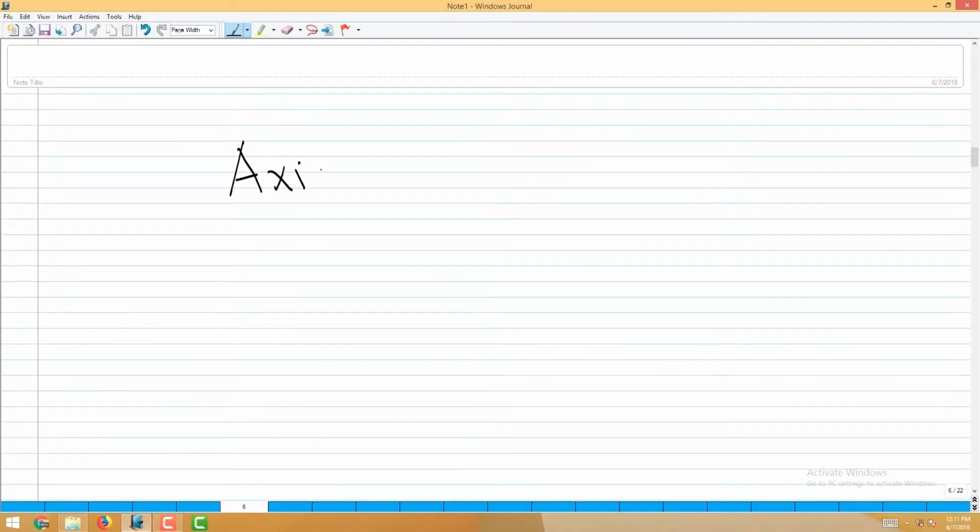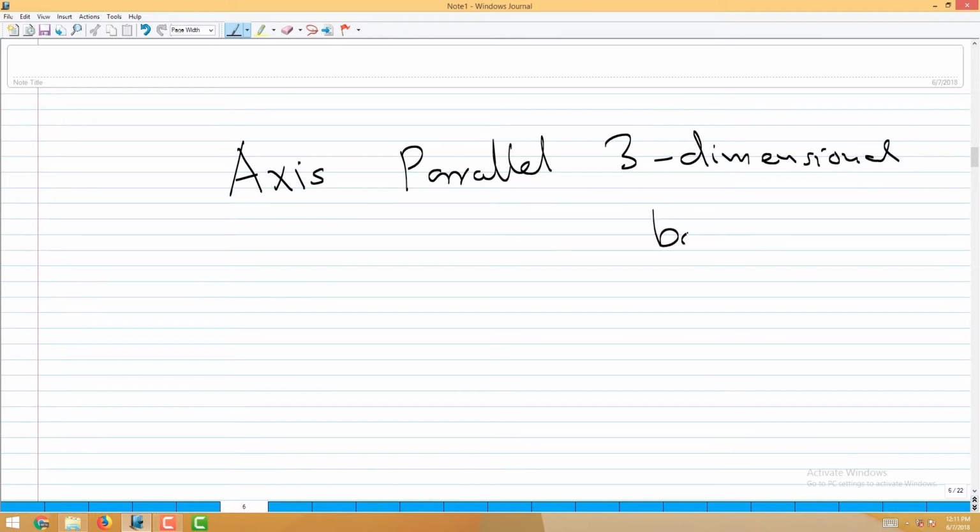Okay, so rectangle graphs are in 2 dimensions, and there can be a similar intersection graph in 3 dimensions also. Instead of axis parallel rectangles, you will consider axis parallel 3 dimensional boxes, hyper rectangles or something like that.